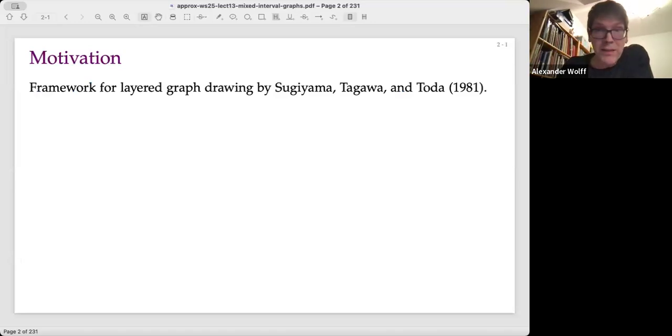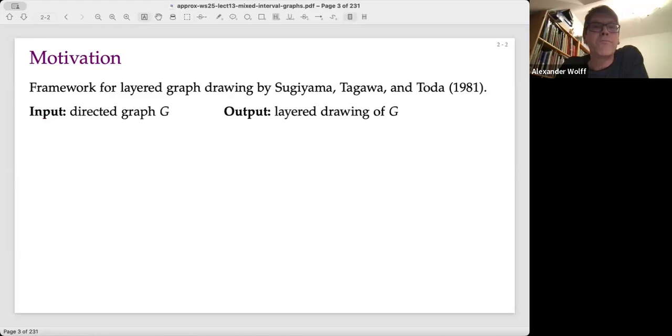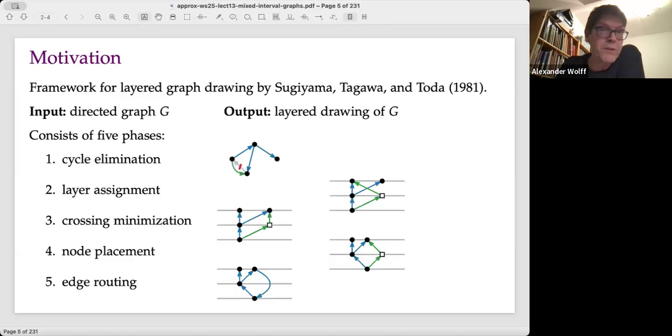One of the most cited papers in graph drawing was by these 3 gentlemen from Japan. And generally it's called the Sugiyama framework, which is about drawing layered graphs. So you're given a directed graph as input, and you want a layered drawing of this graph. And this approach that they suggested boiled down the overall problem into 5 steps, which are listed here.